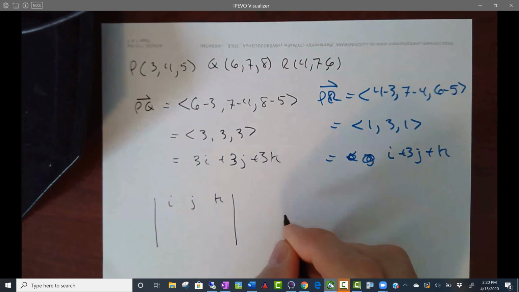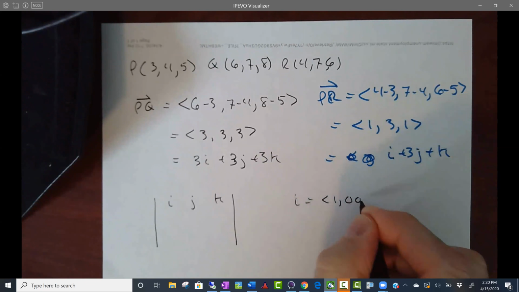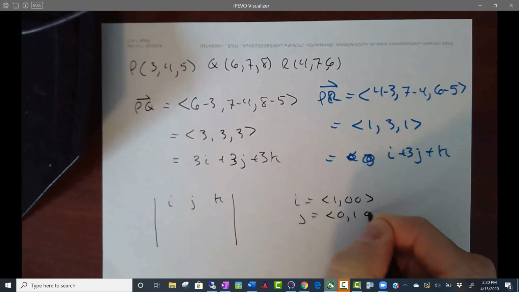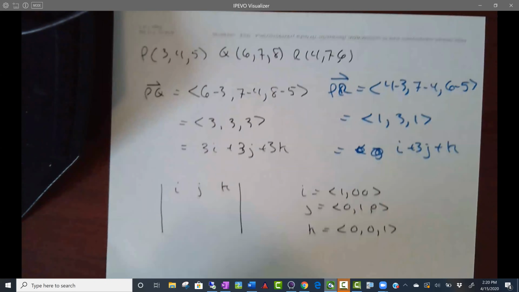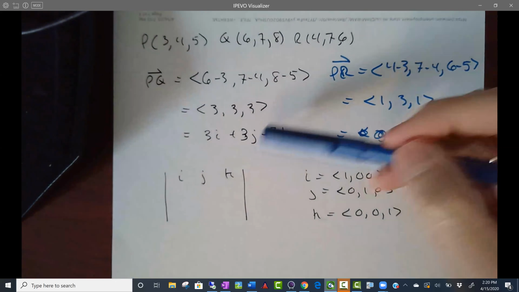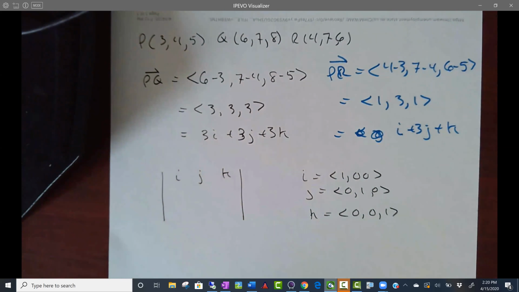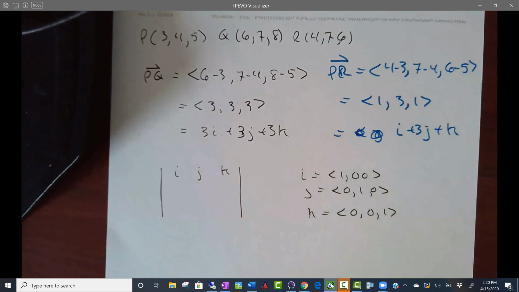Now here, i, j, and k are our unit vectors. So i is 1, 0, 0. j is 0, 1, 0. And k is 0, 0, 1. But we're going to take the determinant of a matrix made up of our 2 vectors and this top row here, i, j, and k.